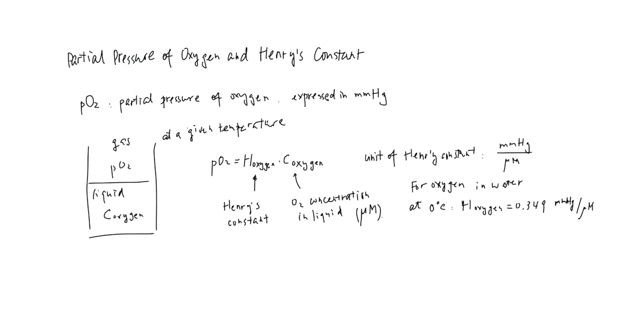And at 40 degrees C, it is 0.738 millimeter mercury per micromolar. So it almost doubles. And you can see the significance of the impact of temperature.